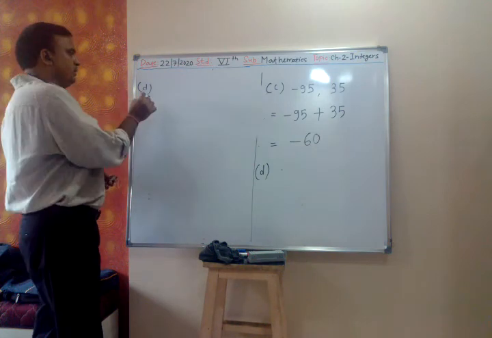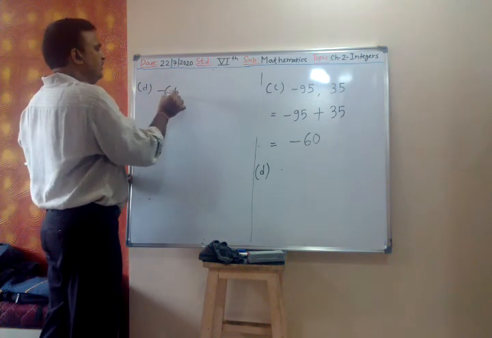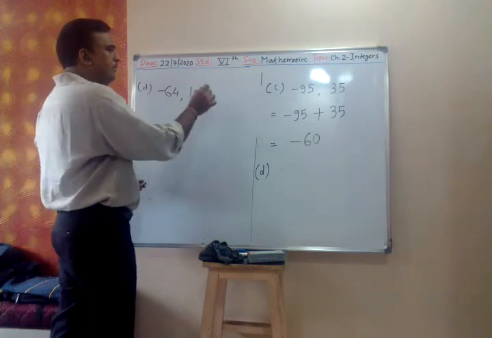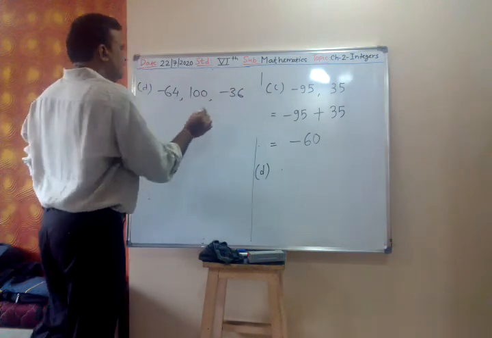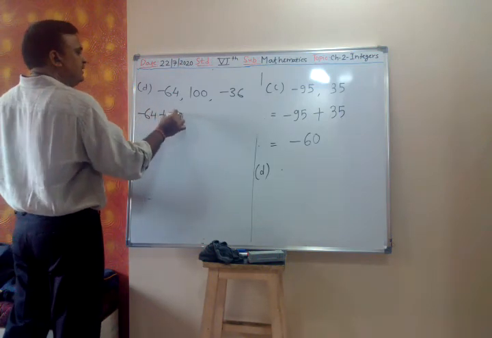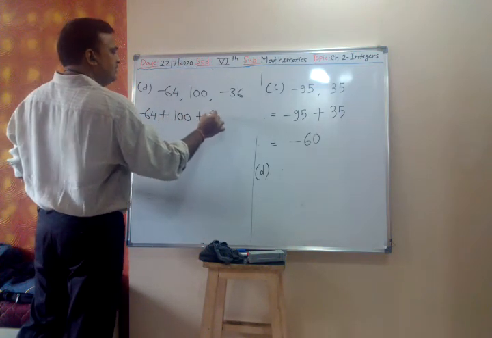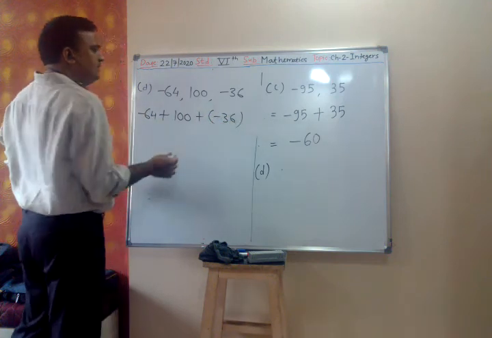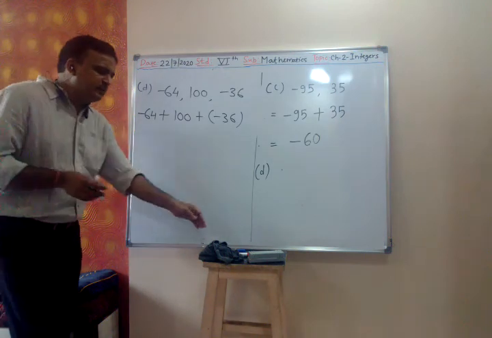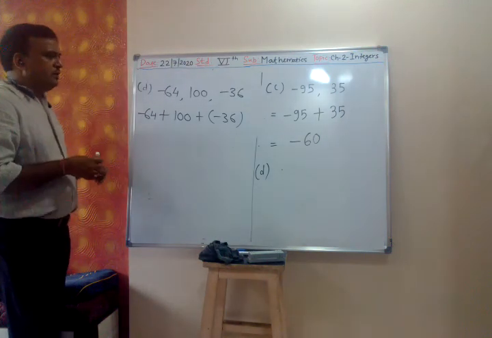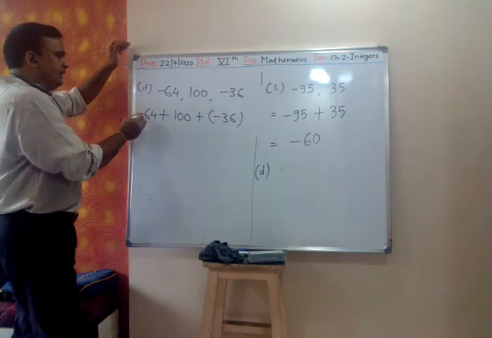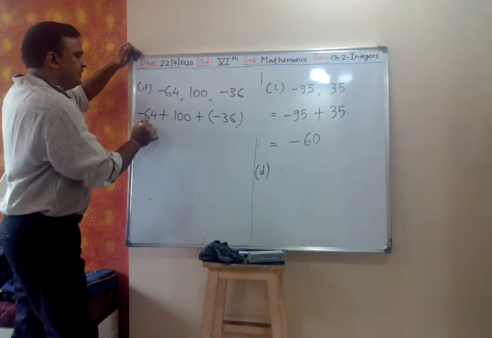Minus 64 plus 100 plus minus 36. Now three numbers are given. So this will be minus 64 plus 100.